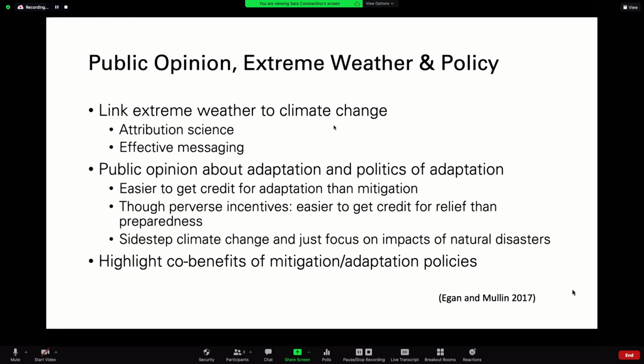dramatically, and that public opinion about adaptation and the politics of adaptation is much less polarized. So it's easier to get credit for adaptation than mitigation as a politician. And so that creates an incentive to sidestep climate change and focus on impacts of natural disasters. But there are many co-benefits and non-mutually exclusive efforts in adaptation policies that are also important for mitigation policies.